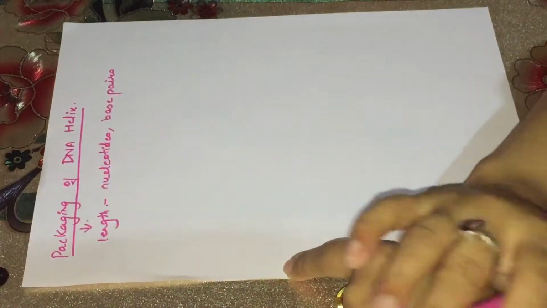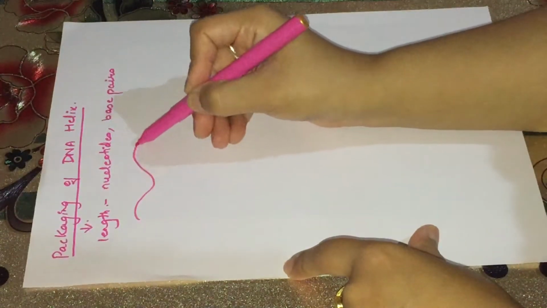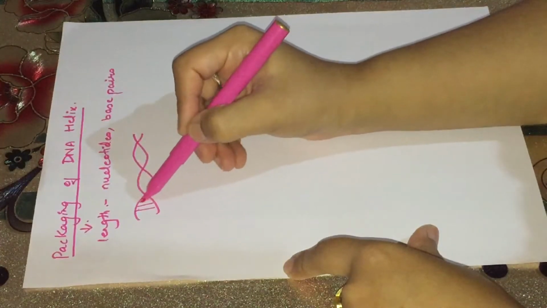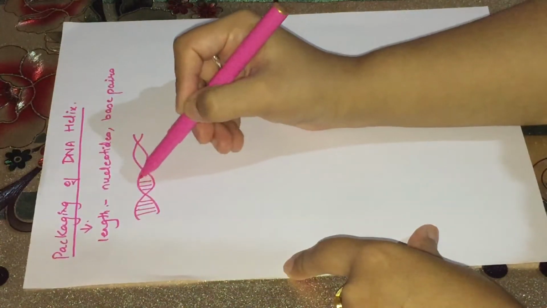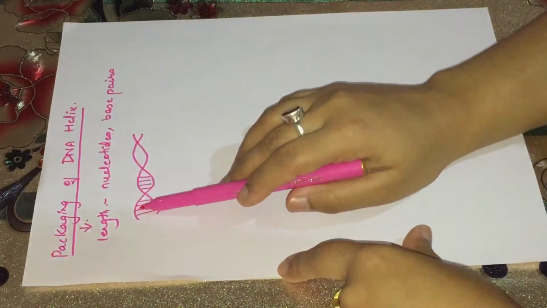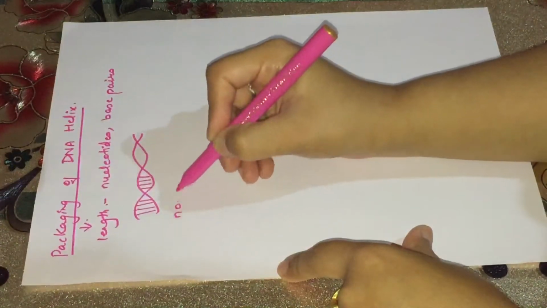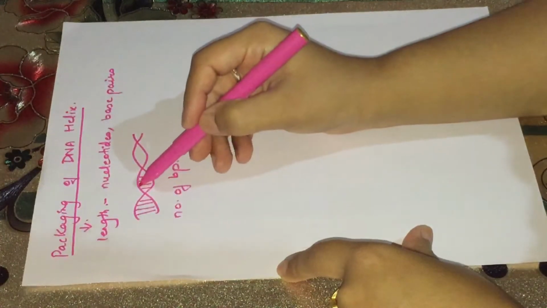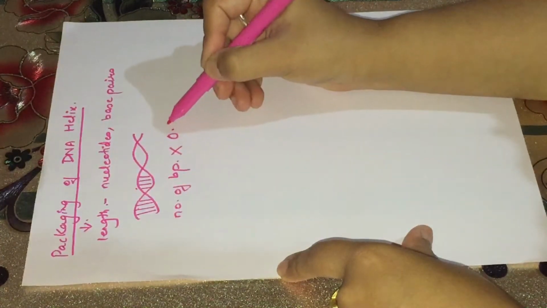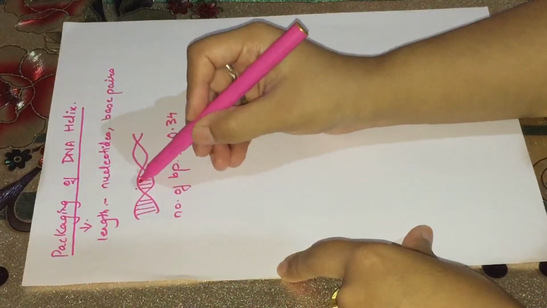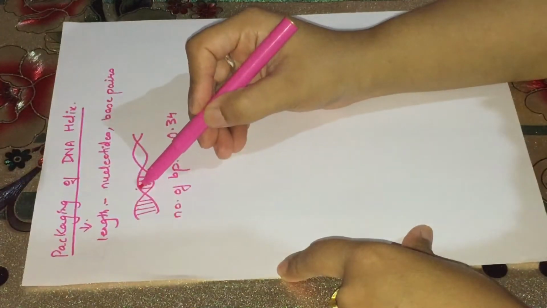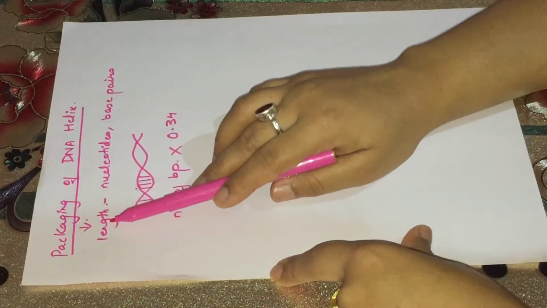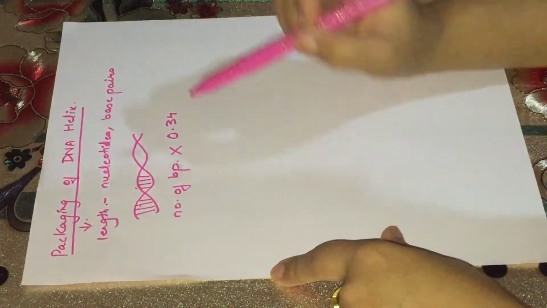It is the number of base pairs present in a helix into the distance between the two base pairs, because this distance also constitutes the length of the DNA helix.